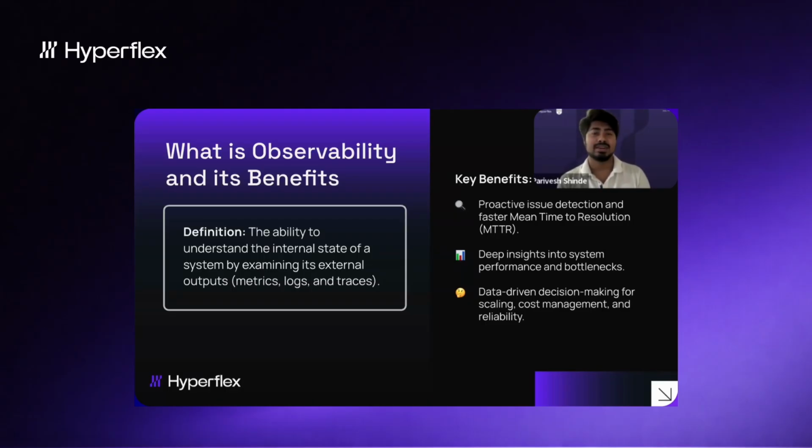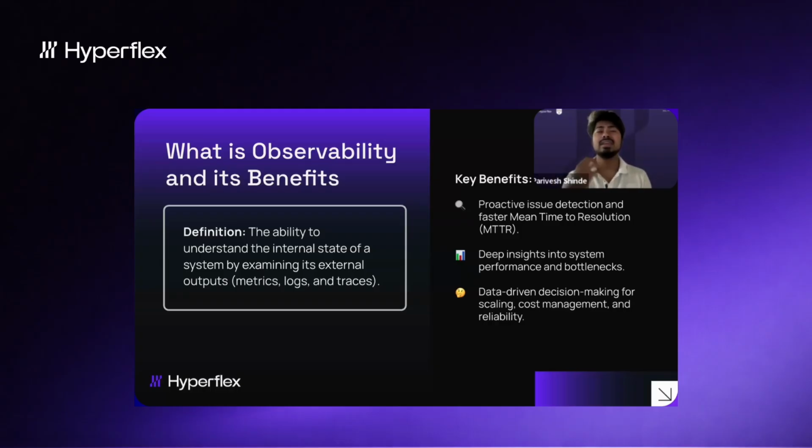Health checks tell you, okay, your system is working, but observability is observing your systems or your applications. It's not only why it is failing, it's also why it is working. So either it's working or it's failing, we observe our apps and systems and try to understand their whole performance.